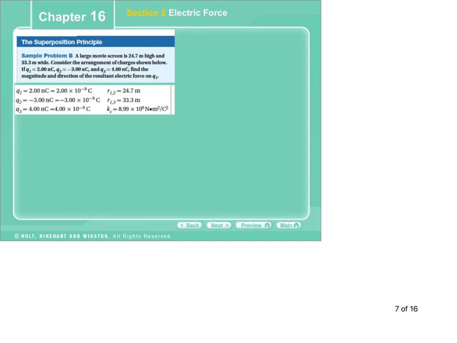On page 559 in your textbook, we have this problem. Got a movie screen, and they give us some dimensions of the movie screen. They give us charges at some particles in the corners of those movie screens, and so listing this all out, now we would note that the Q's are in nanocoulombs.